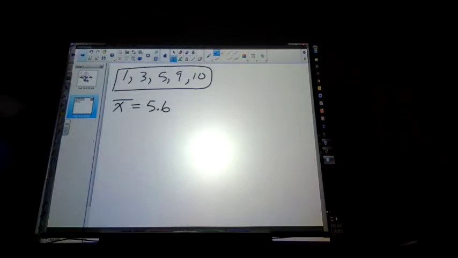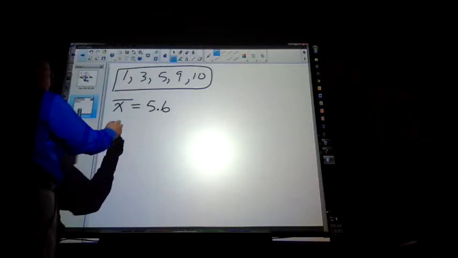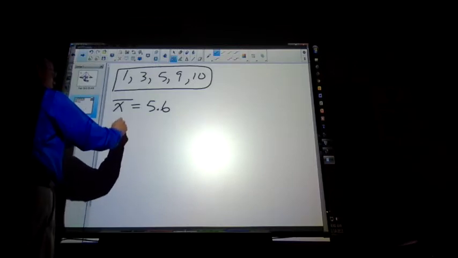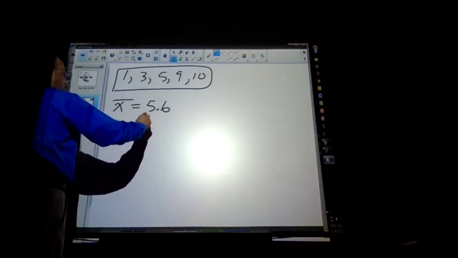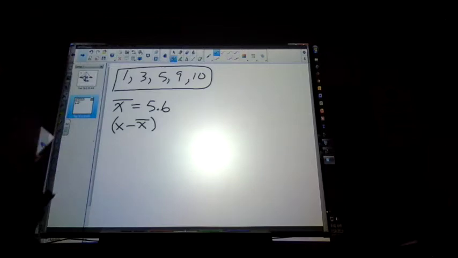Now, I already did the work for you, so you just have to trust me on this one. And then what I want to do from here is I'm going to take those values, and I'm going to go x minus x bar, and I'm going to put it in parentheses. So x bar is the average. What do you think x is? If x bar is the average, what is x? X is 1, x is 3, x is 5, x is 9, x is 10.